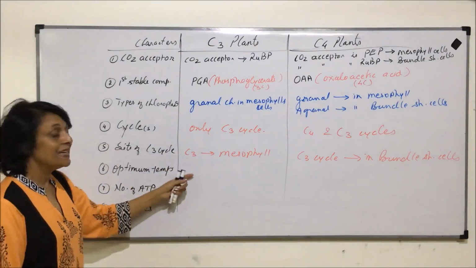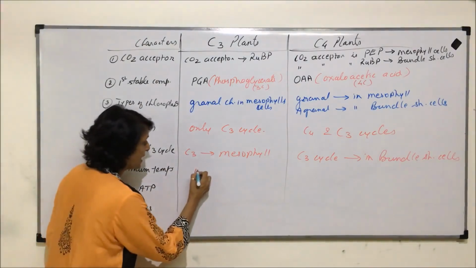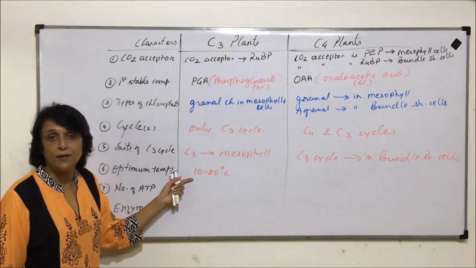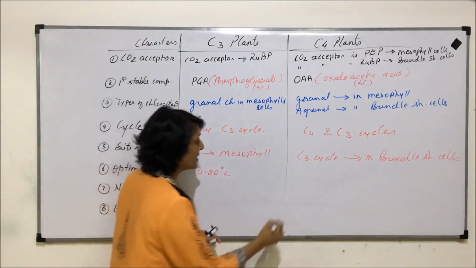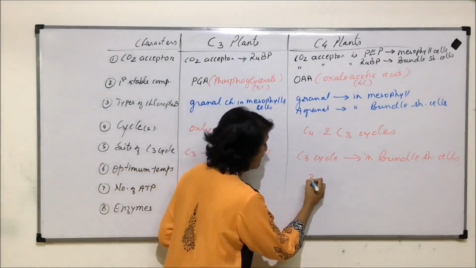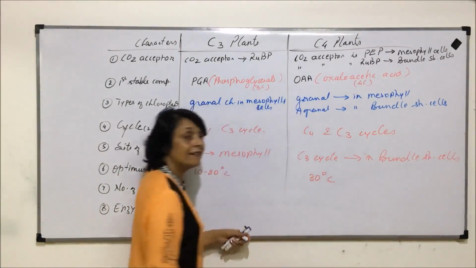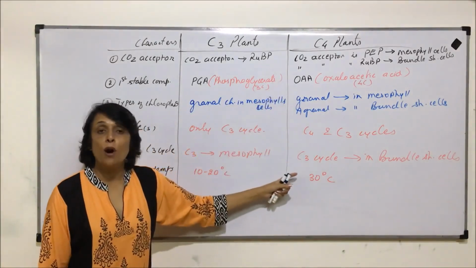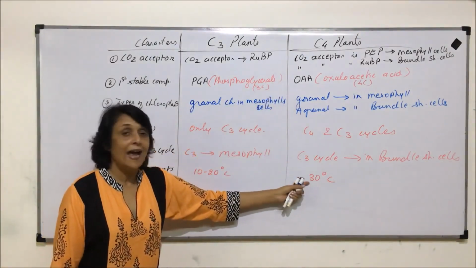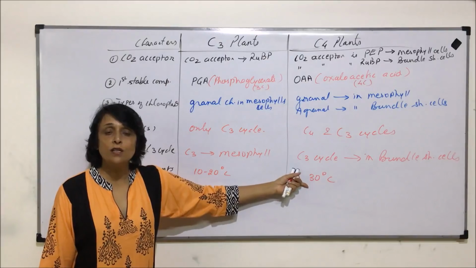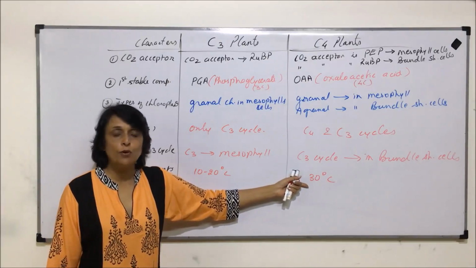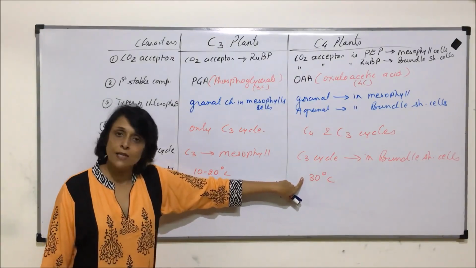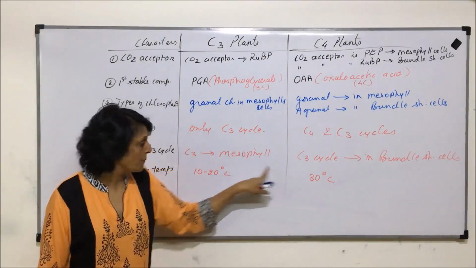Optimum temperature. C3 cycle normally takes place at 10 to 20 degrees Celsius. This is the optimum temperature. Whereas C4 cycle can take place at a higher temperature also, around 30 degrees Celsius, because of this modification or adaptation, at higher temperature they would not suffer with the problem of photorespiration, and that is why normal photosynthesis takes place at higher temperature also.